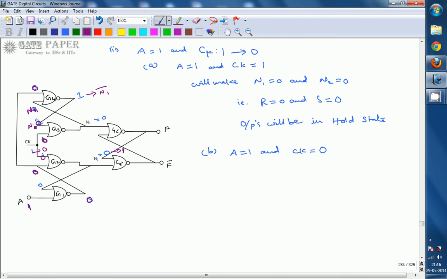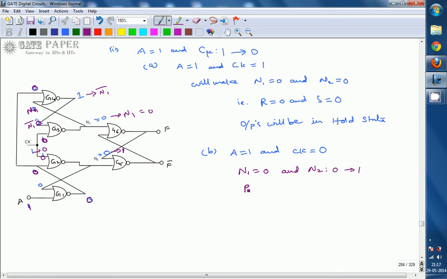The same n1 bar you are going to be getting as input for this G3 gate. 0 plus n1 bar, whole bar, is nothing but n1. So n1 will be as it is. If previously it was at 0, it will be at the same state. If previously it was at 1, it will be in the same state. So that implies nothing but now also n1 is 0. It doesn't change the value of n1, but n2 is going to be changing from 0 to 1.